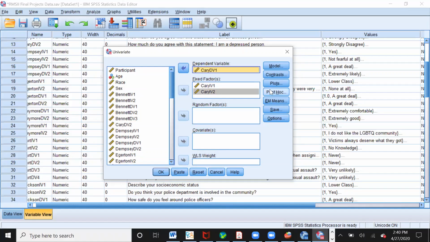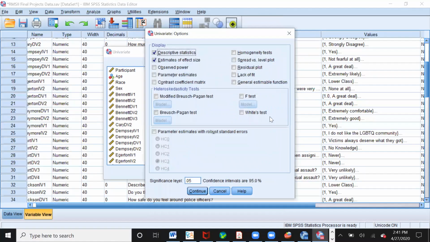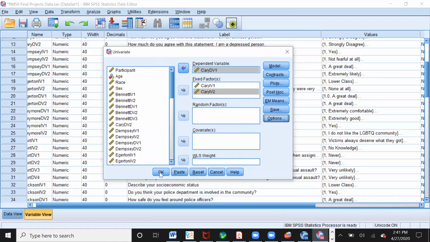We want to click on plots, and we're going to put your first independent variable under horizontal axis and your second one under separate lines. This is going to give us a line graph so we can visually see what your main effects and interactions look like. I'm going to click options. We have descriptive statistics checked so we can see your means and standard deviations, and effect size checked because you need to report that. We're going to click continue. We're going to click OK.